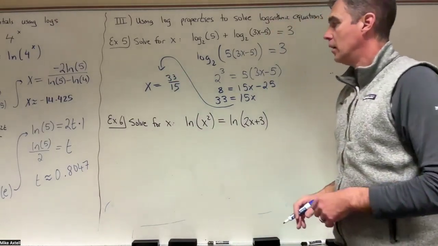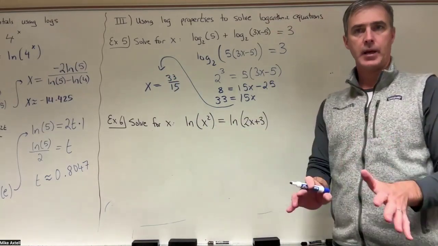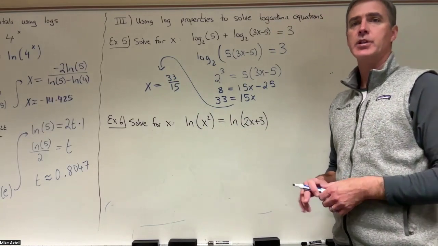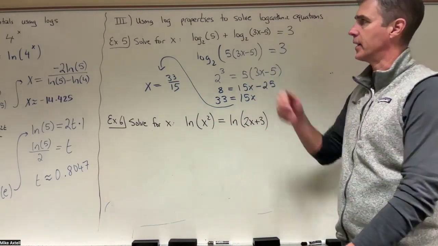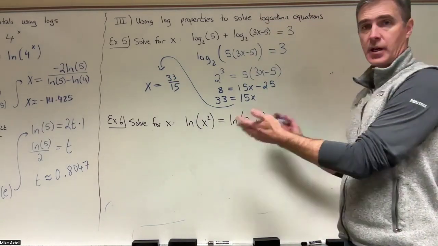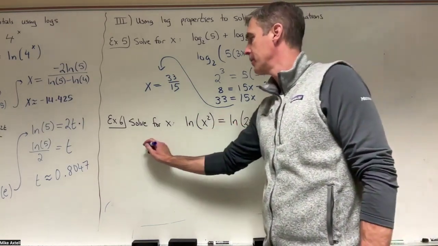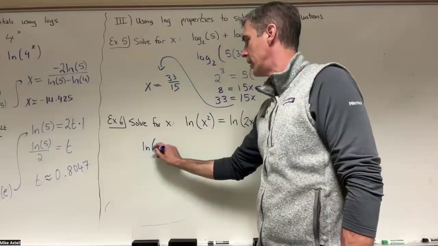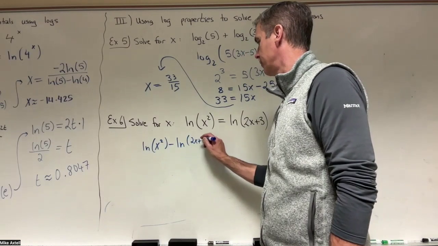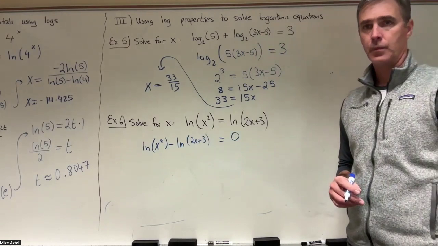All right. And then last example, I've got 2 natural logs, but again, same base, equal to each other. So there's a few different ways I could do this, but let me just stick with the properties of logarithms like I illustrated in example 5. I could get both of these natural logs on one side together. So let me just subtract this natural log over to the left. That would give me the ln of x squared minus the ln of 2x plus 3, and I now have a 0 on the right.